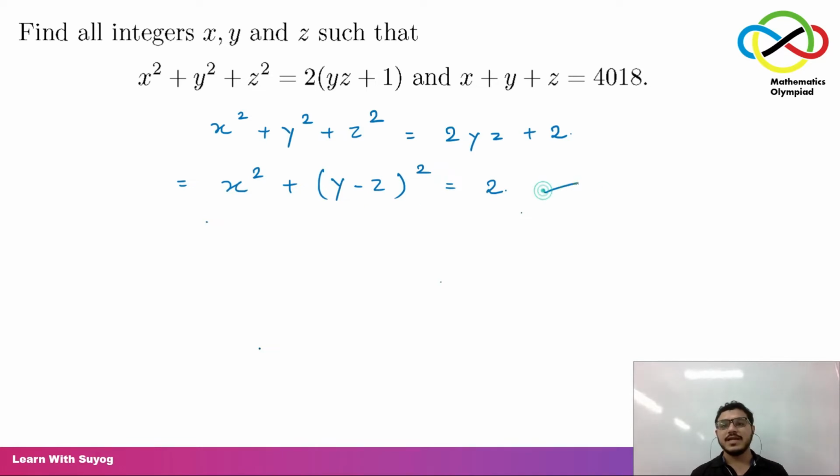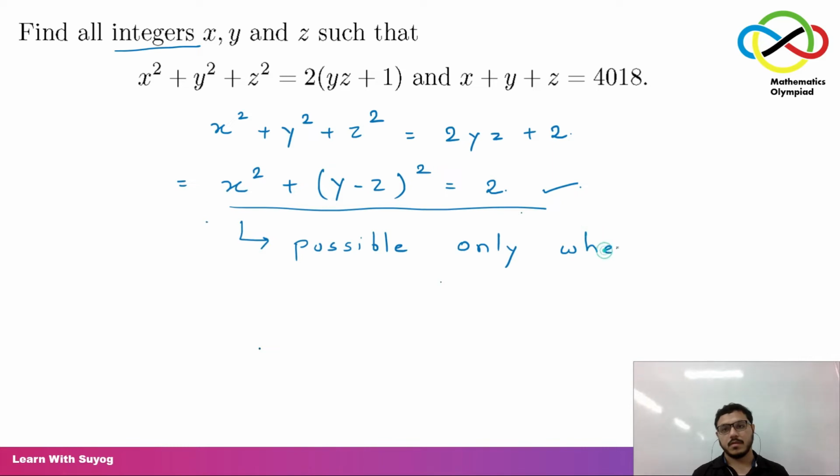So we can clearly say that if x, y, z are integers and the sum of the squares of two given numbers is equal to 2, then this is possible only when x is equal to plus or minus 1 and y minus z is equal to plus or minus 1.